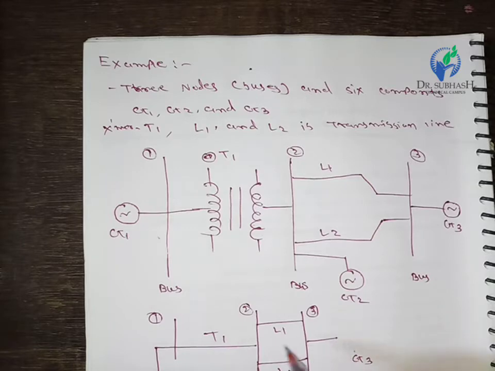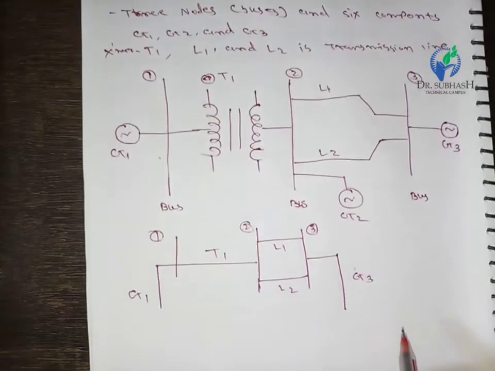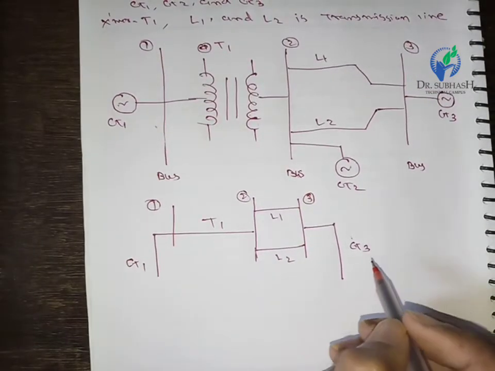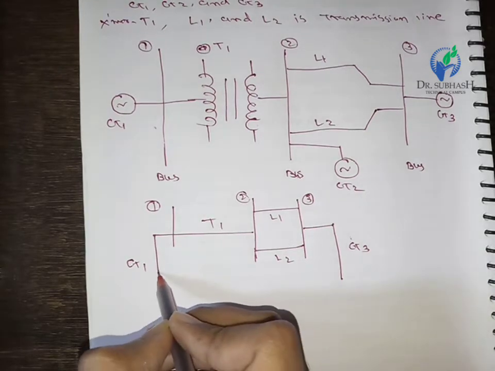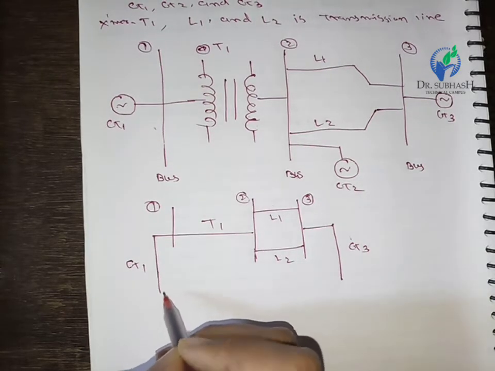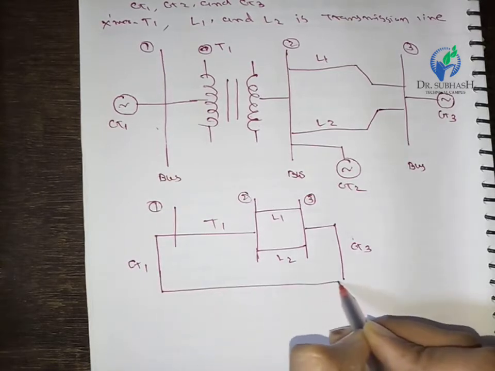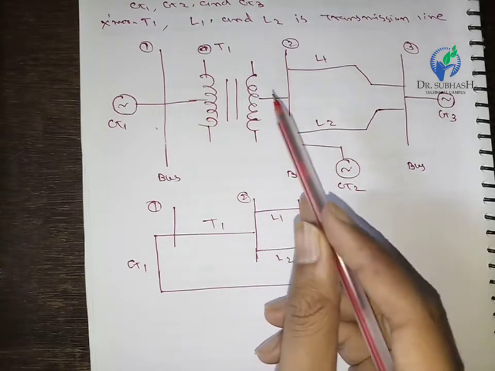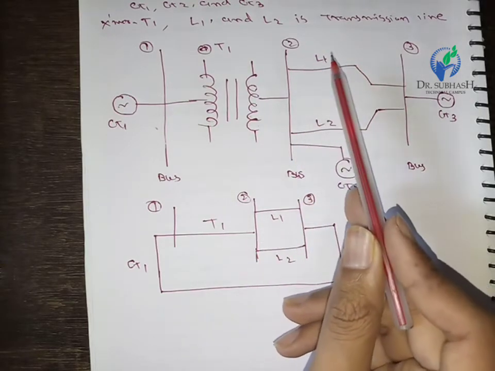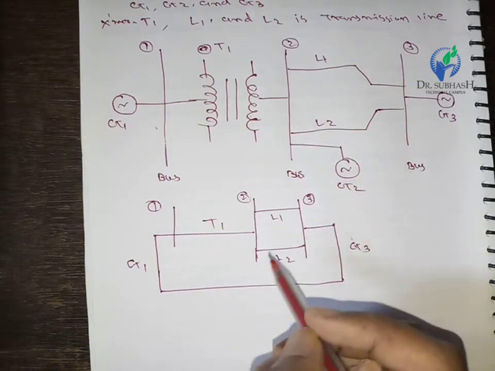The bus number 3 is also connected with the G3 generator. So generator G1 and generator G3 are also interconnected, so we connect generator G1 and G3. In this figure, bus 2 has L1, L2 and generator G2.